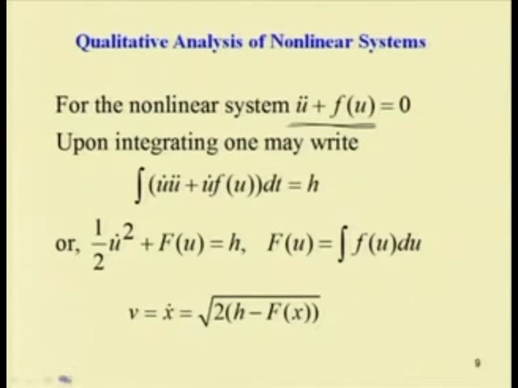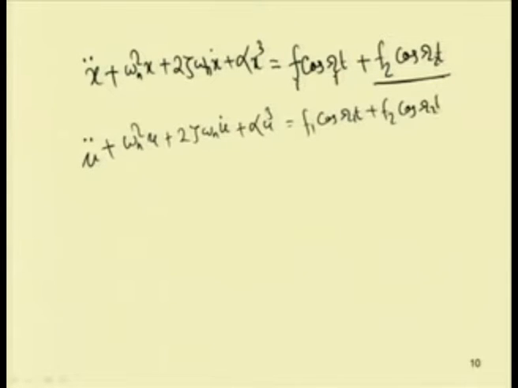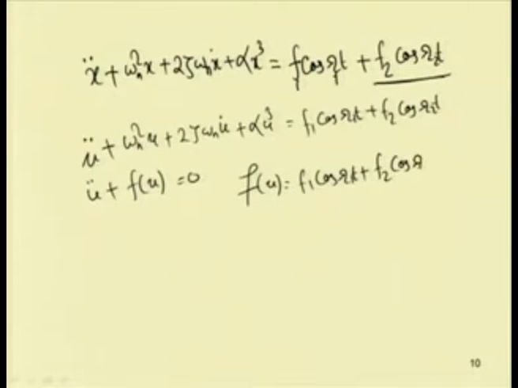For example, I can write the equation u double dot plus omega n square u plus 2 zeta omega n u dot plus alpha u cube equal to f1 cos omega 1 t plus f2 cos omega 2 t as u double dot plus f(u) equal to 0, where f(u) equals f1 cos omega 1 t plus f2 cos omega 2 t minus omega n square u minus 2 zeta omega n u dot minus alpha u cube.